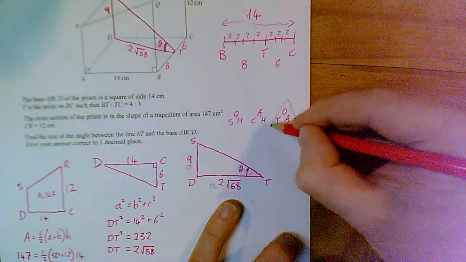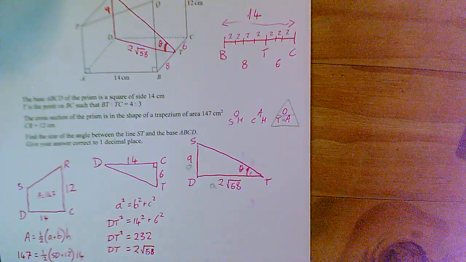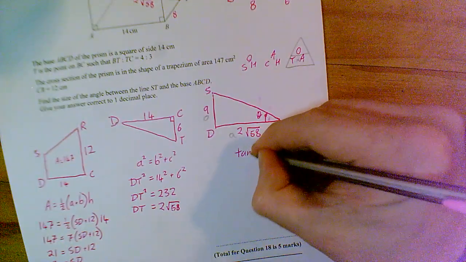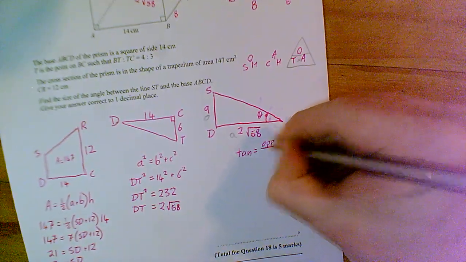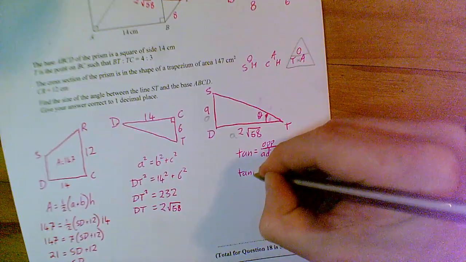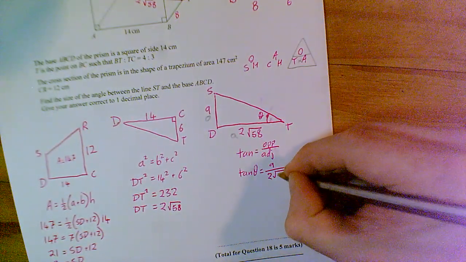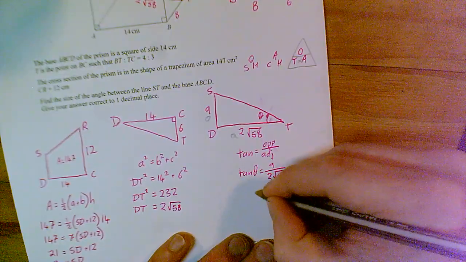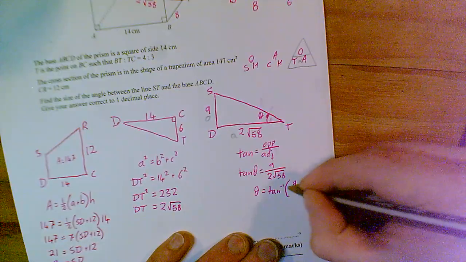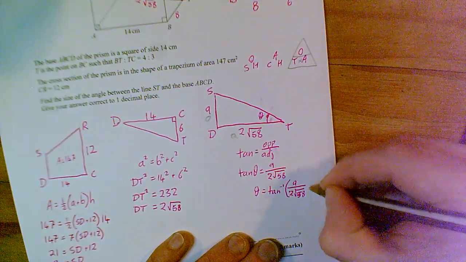So tan equals opposite over adjacent. So tan theta is 9 over 2 root 58. So theta is going to be the inverse of tan of 9 over 2 root 58.